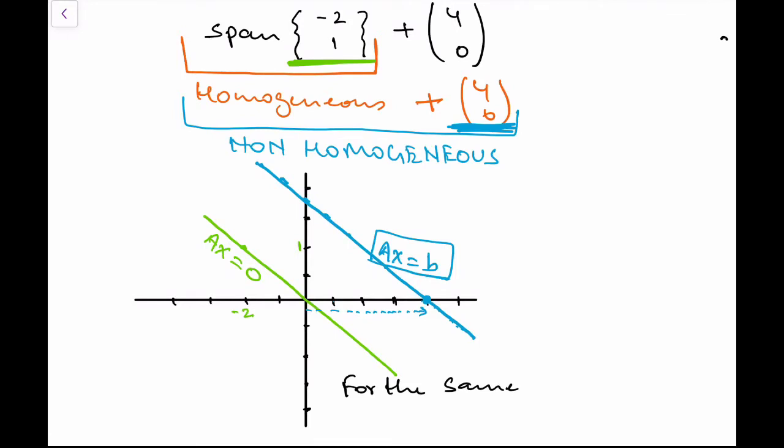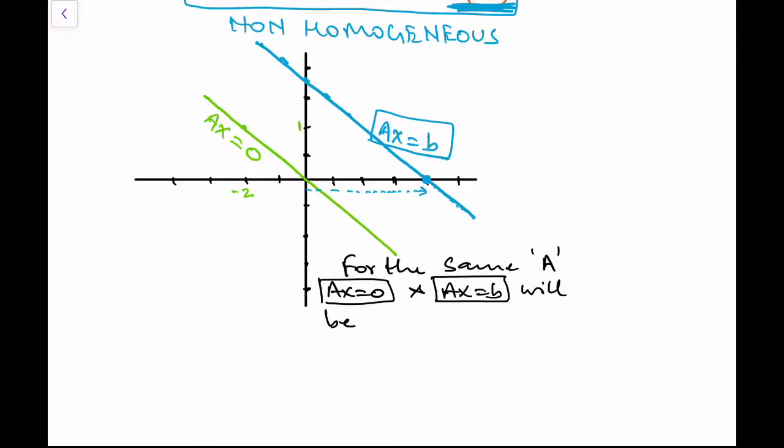So for the same matrix A, Ax is equal to 0 and Ax is equal to b will be parallel to each other. So the homogeneous system and non-homogeneous system for the same A will be parallel to each other.